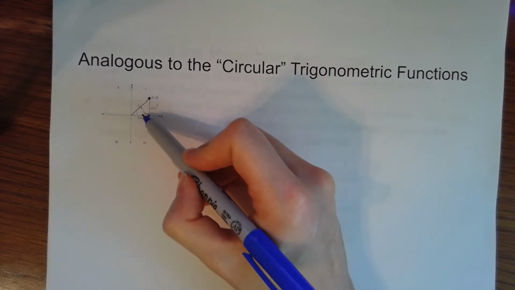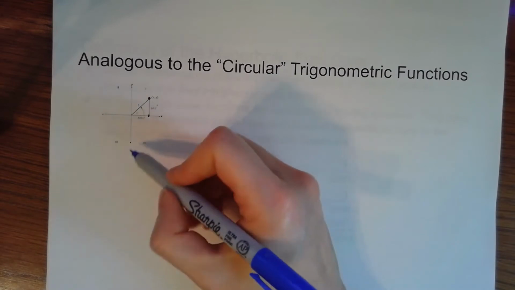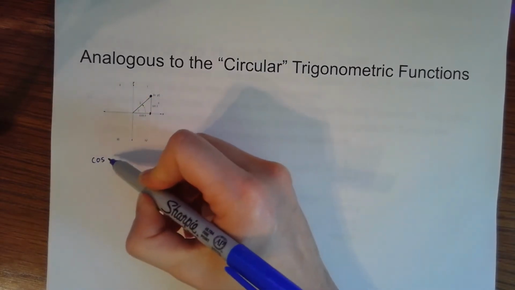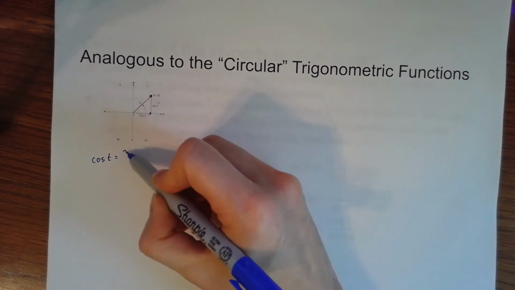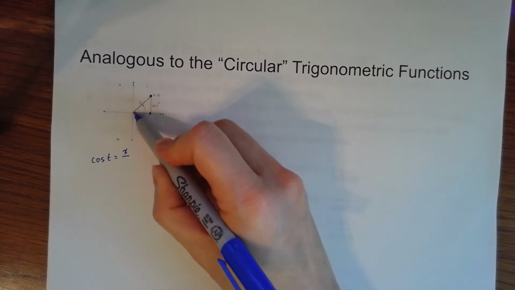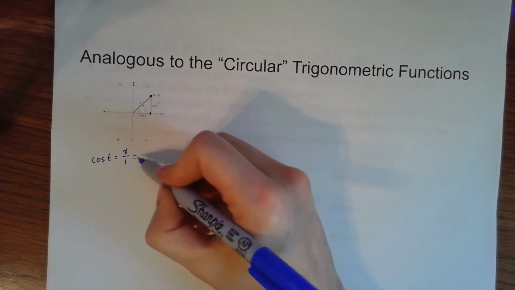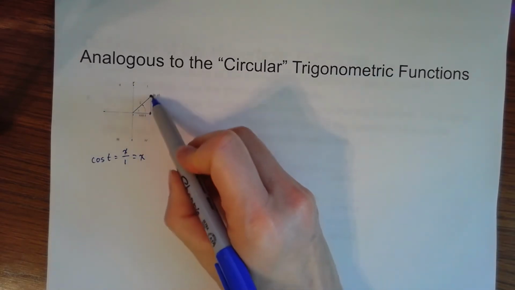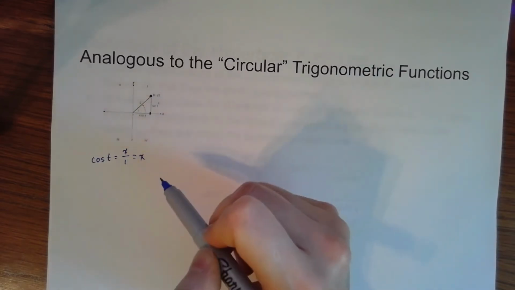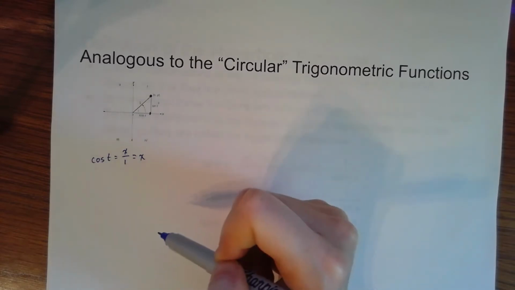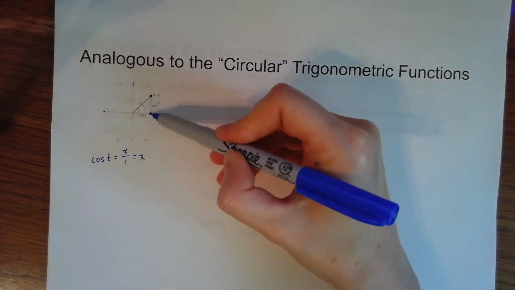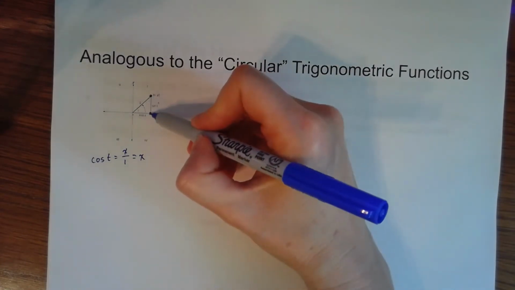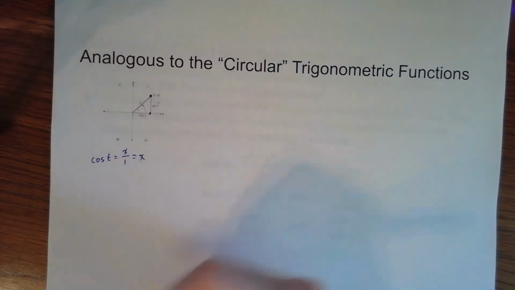And if this angle right here is t, if we took the cosine of t, we would get that x distance, that's the adjacent, over the hypotenuse of 1, or just x. So the x value of a coordinate on that circle will just be the cosine of t. And y is the length of that side.